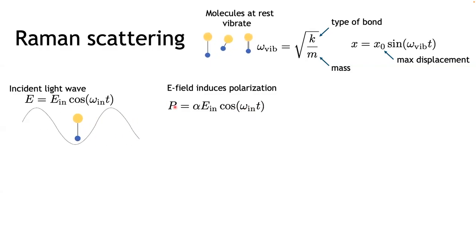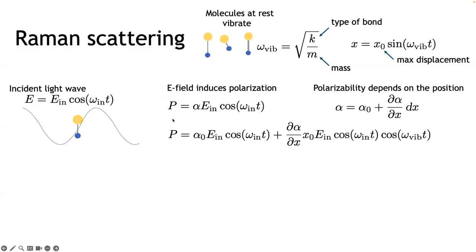However, this polarization doesn't happen in a vacuum. This molecule already vibrates. So we can see that the polarizability of the molecule depends on its initial displacement, and the displacement depends on the way that the molecule vibrates naturally.